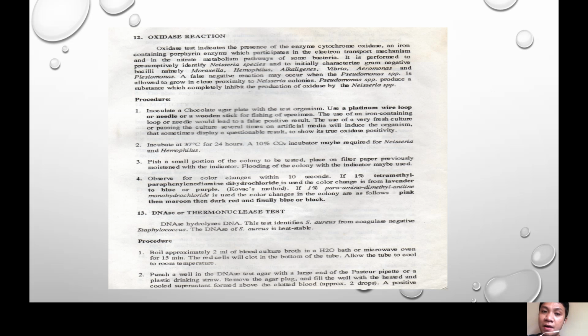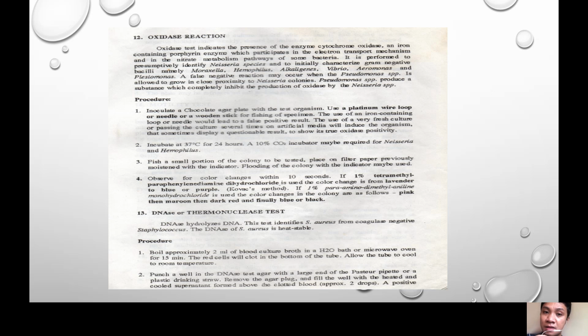Then after that, from your growth culture, take a colony from your chocolate agar as bacterial inoculum and put it on a filter paper. After that, you add your indicator. For this one, number one, you can use 1% tetramethyl paraphenylenediamine dihydrochloride.